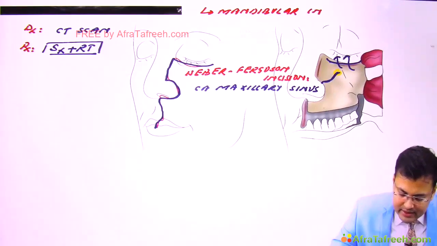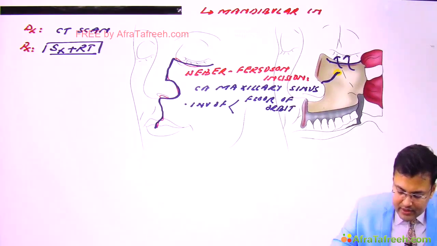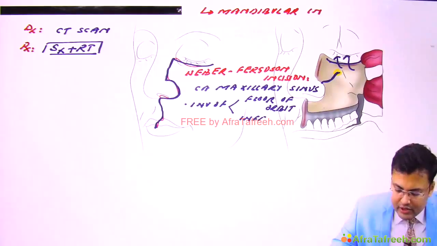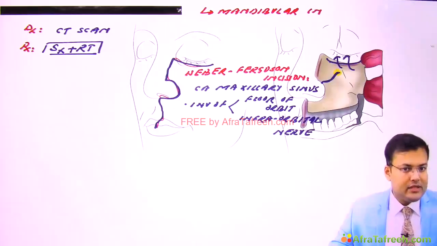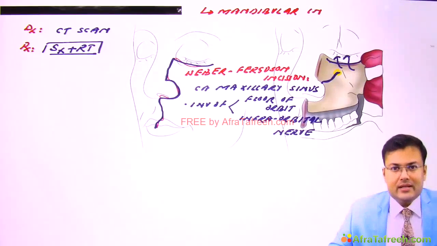The cases in which there is involvement of the floor of orbit, or involvement of the infraorbital nerve. So this is the Weber-Ferguson incision used for carcinoma maxillary sinus.